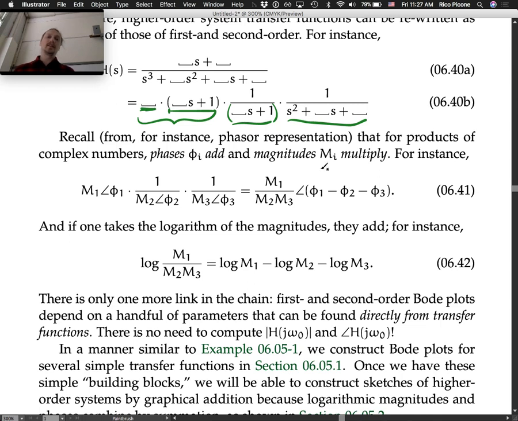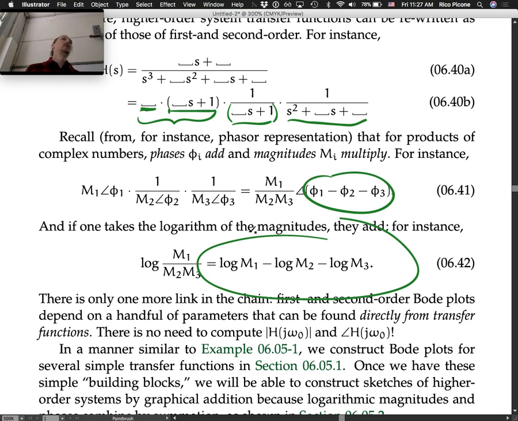Phases are already additive, so we don't have to do any logarithm stuff to them. But if we take the logarithm of the magnitudes, they also add. So we can do this graphical addition of these building blocks.